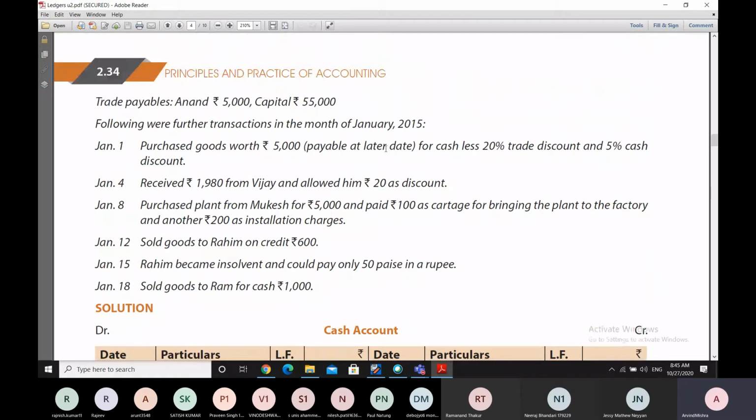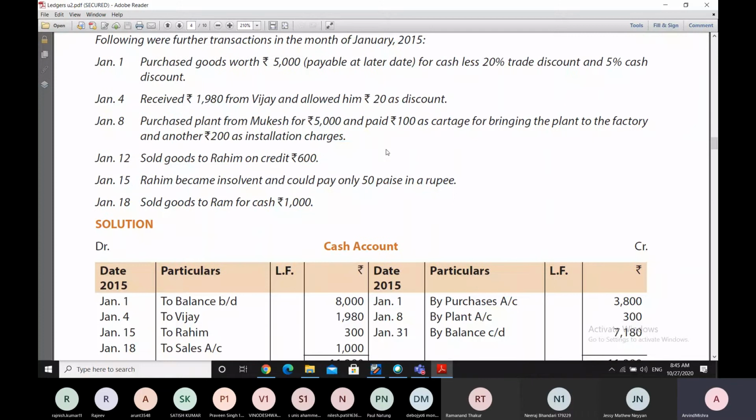So let us look at the next entry that is being made. We can say here that first of all on January 1 some goods are purchased for 5,000 rupees, which is payable at a later date.